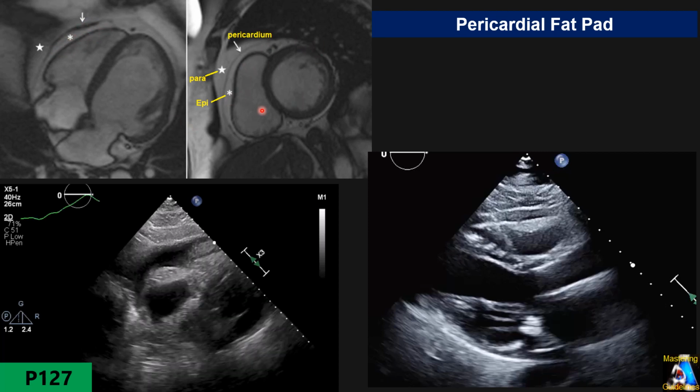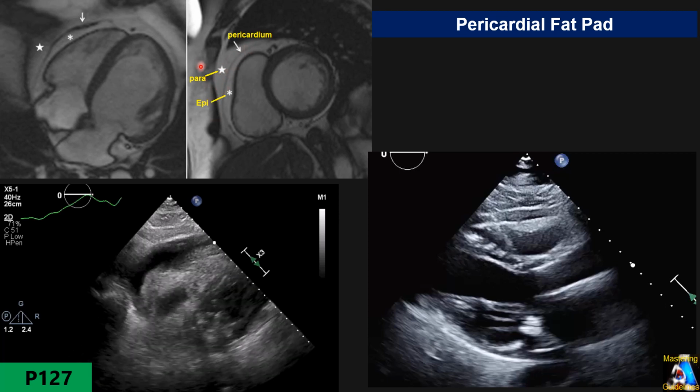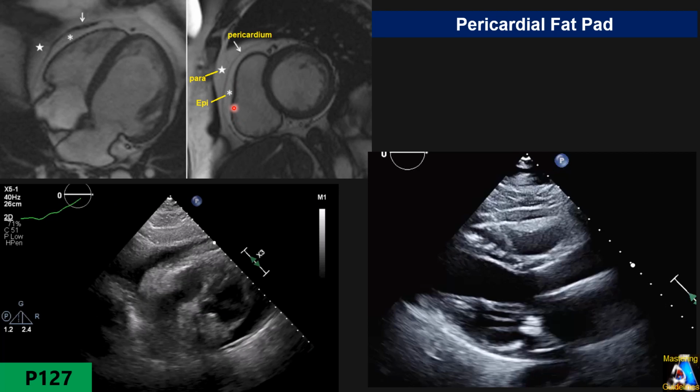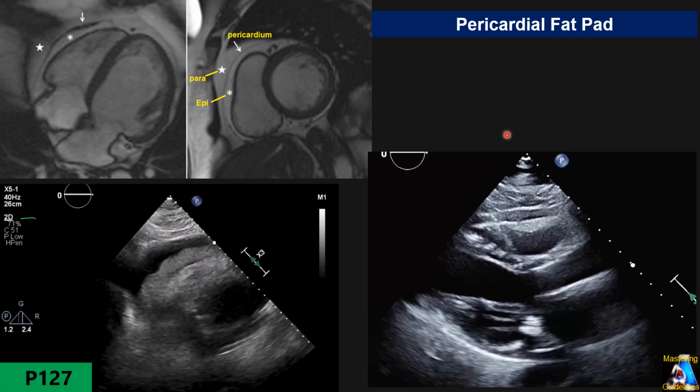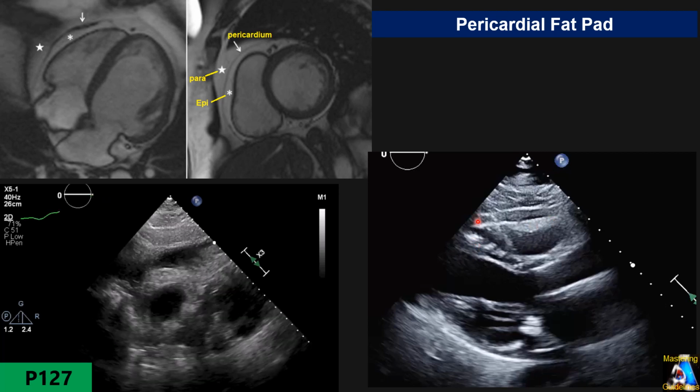Here the same at short axis, you can see the dark line, this is pericardium, and this one is para, and this one is epi.